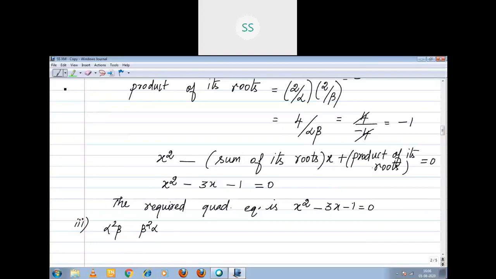Now alpha square beta and beta square alpha. First step, what do you want to do? Sum of its roots. It is equal to alpha square beta plus beta square alpha.